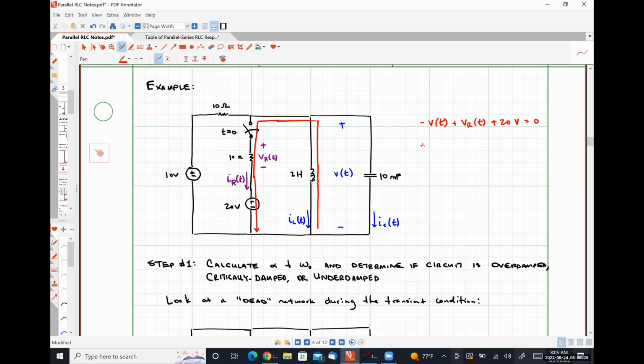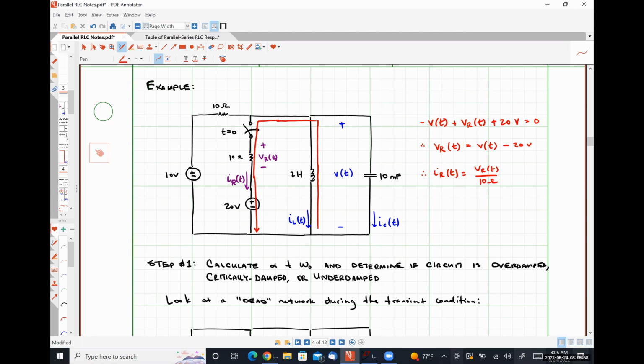And from this, our resistor voltage VR of t is simply V of t minus 20 volts. Once we know VR of t, IR of t is simply VR of t divided by 10 ohms, giving us both of our quantities of interest.